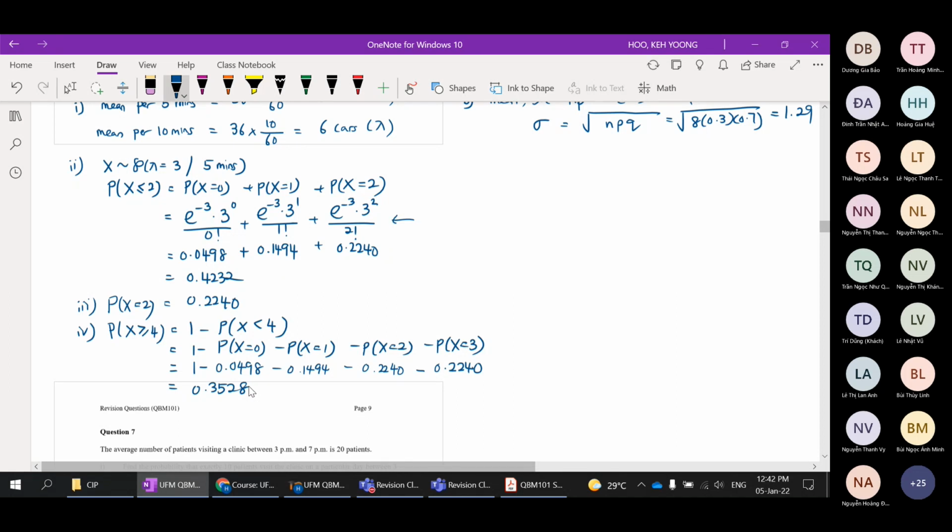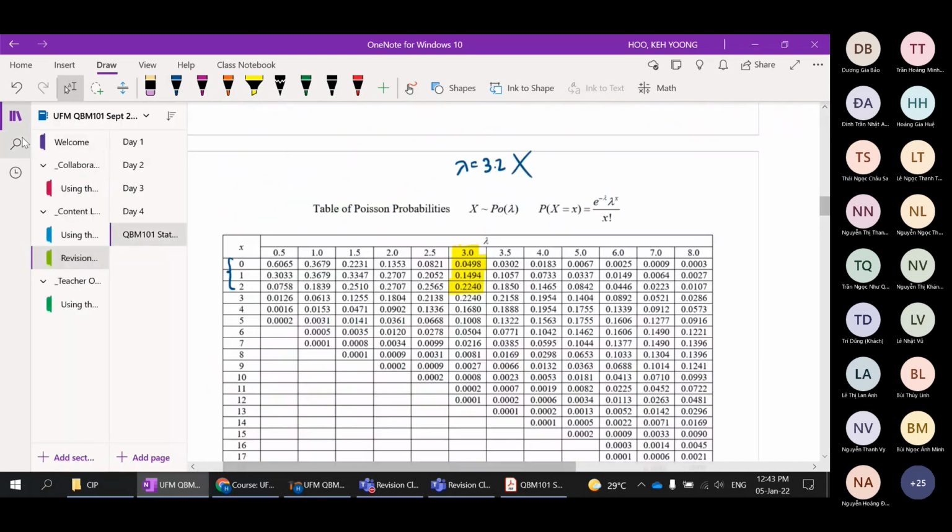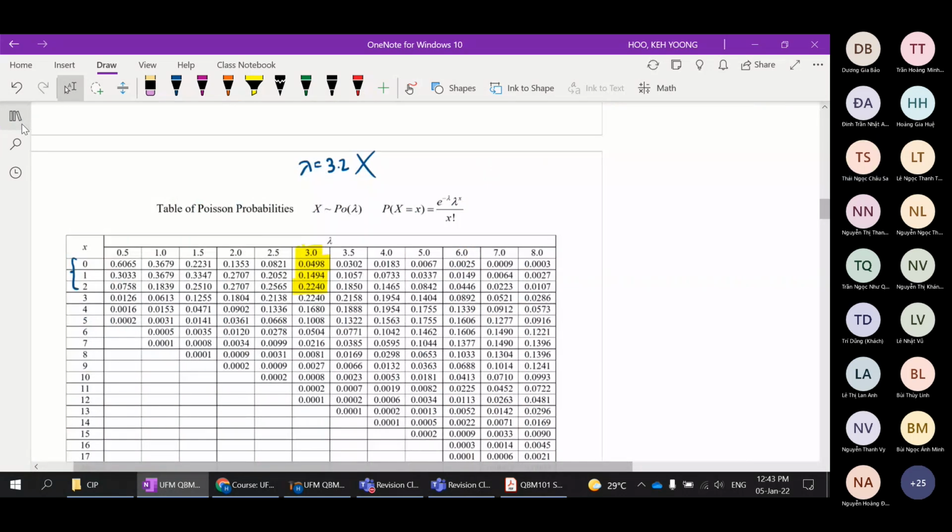How if your lambda is 3.3? If you cannot refer to the table, then you have to use the formulas really. I'm referring to this Poisson table.